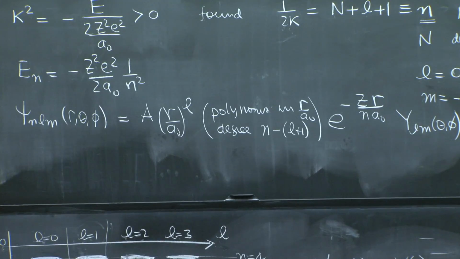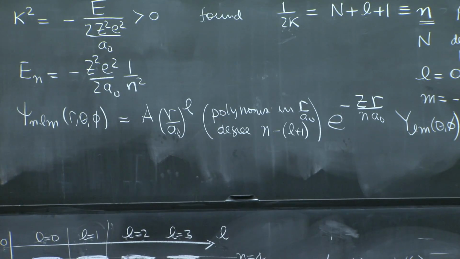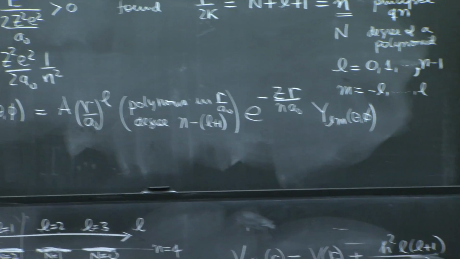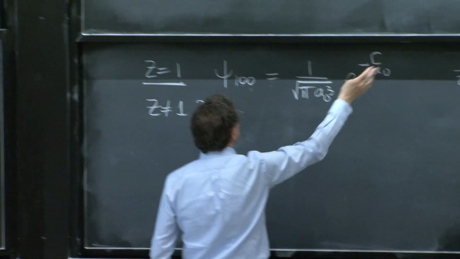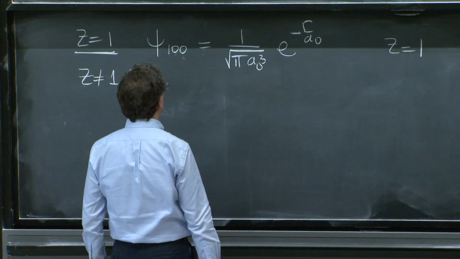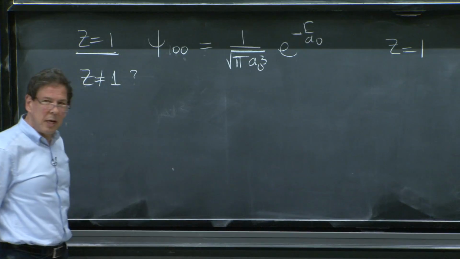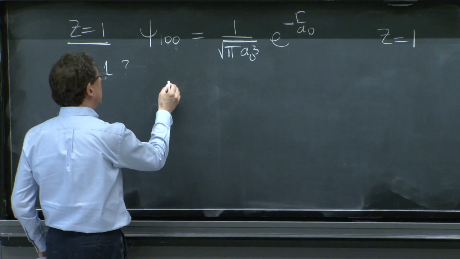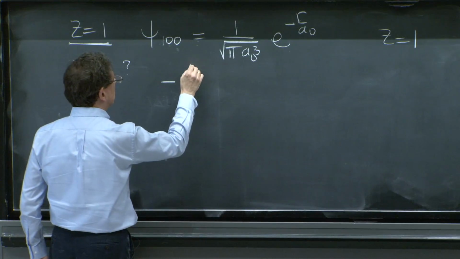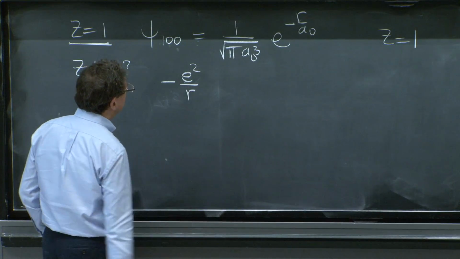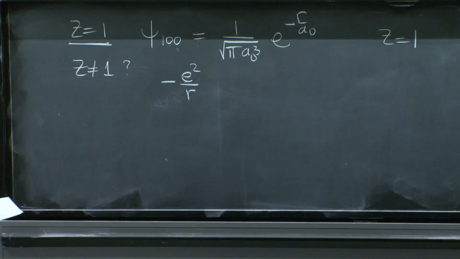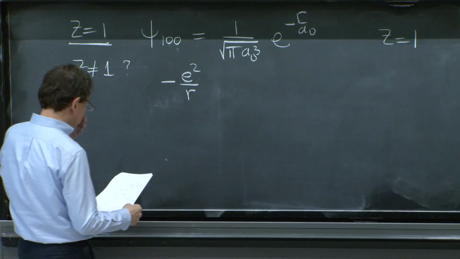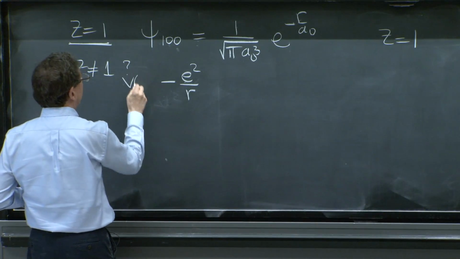So what transformation, how should I think of changing, if somebody would have told me this is the answer for Z equals 1, how do I get to Z different from 1? And then I think of the potential, and the potential was e squared over r. That was the potential before, V of r.